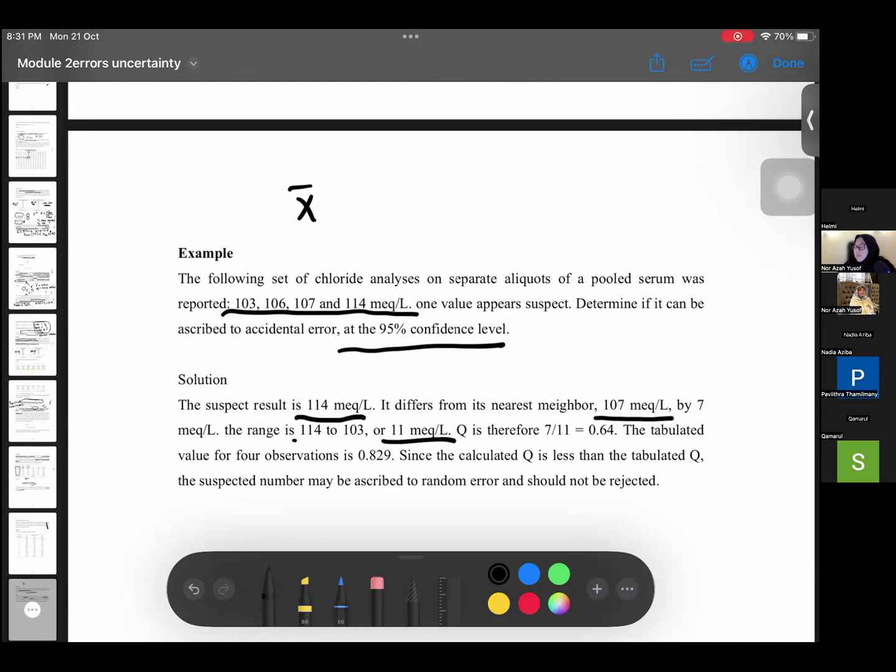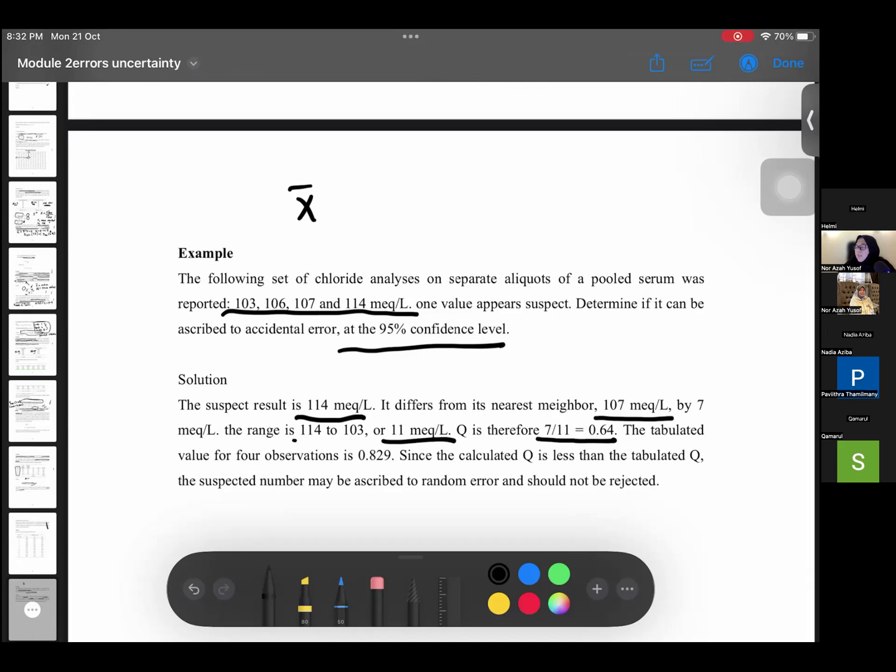The difference is 7 and the range is 11. So Q, just like what we have discussed in the 7 to 8 session, you can get the value of Q by calculating the smallest difference over the biggest difference.